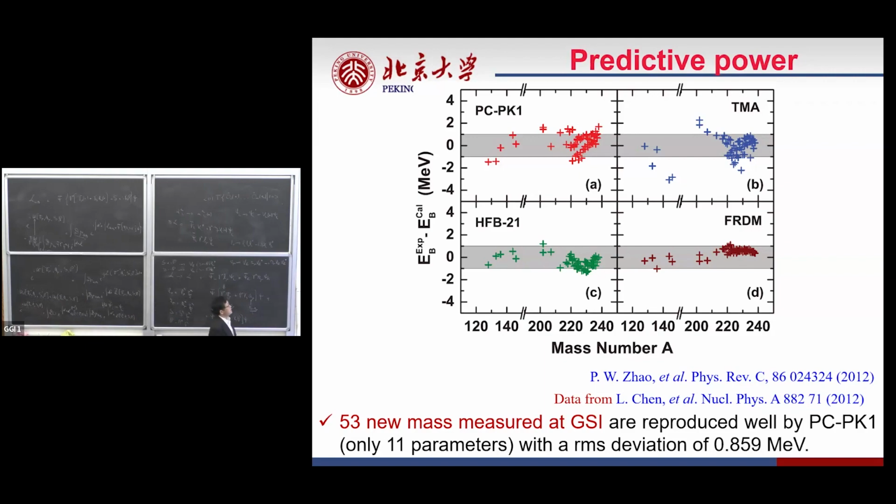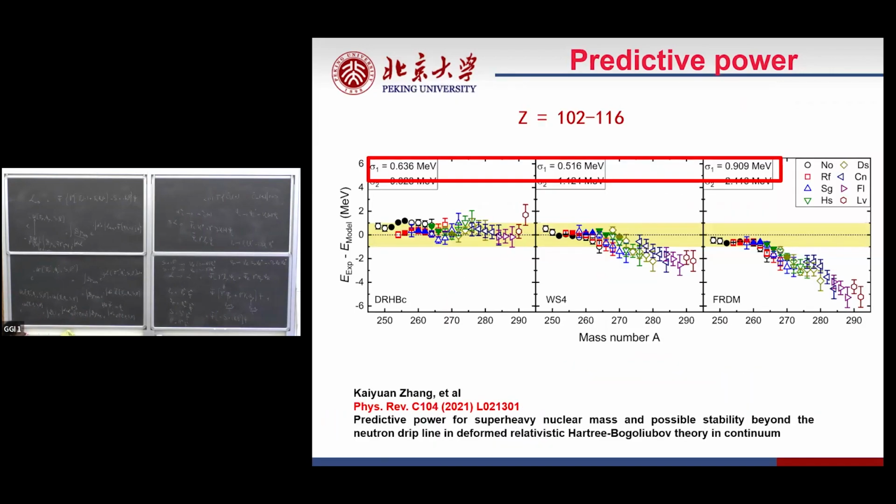You could see that here the PCPK1 works quite well. And then you see this TMU, FRDM, which maybe Nicolas calls the micro-macro model, and this HFB-31. So you could see we have almost the same accuracy as the phenomenological models.